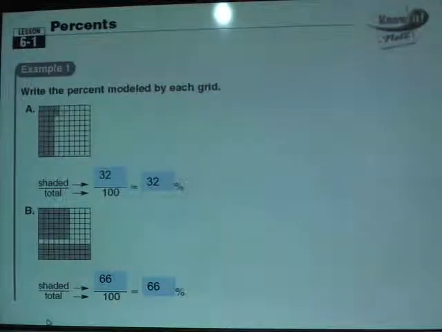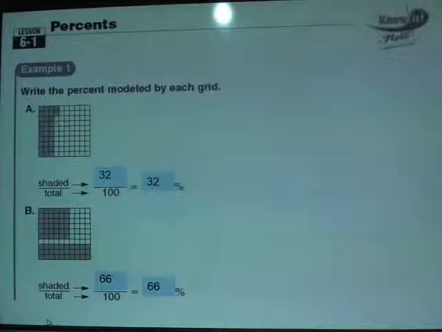Okay, so question number 1 is a graphic representation of a percent. As you can see, you have grid boxes there that represent 100 total grid boxes. And of course, that makes good sense because, again, the word percent literally means per 100. So if we have something in comparison to 100, that's automatically then a percentage. So what we're doing here is we're counting the number of shaded grid boxes there.